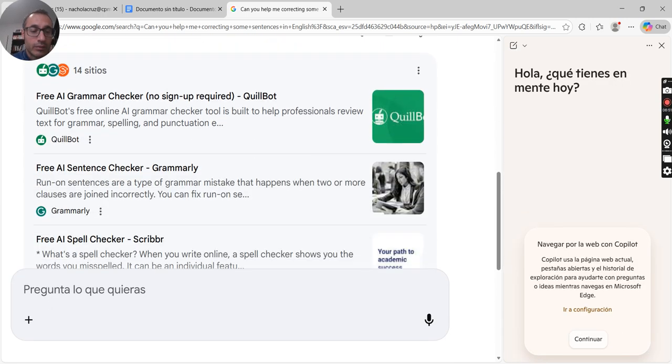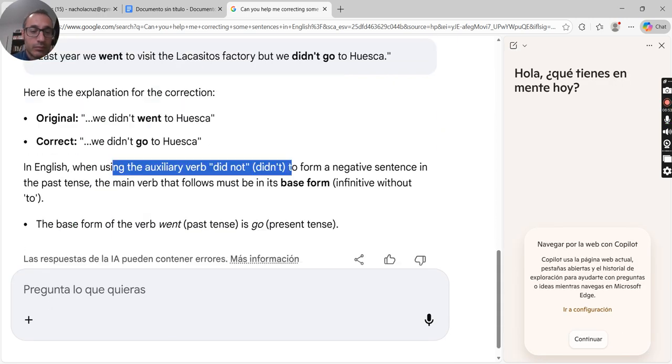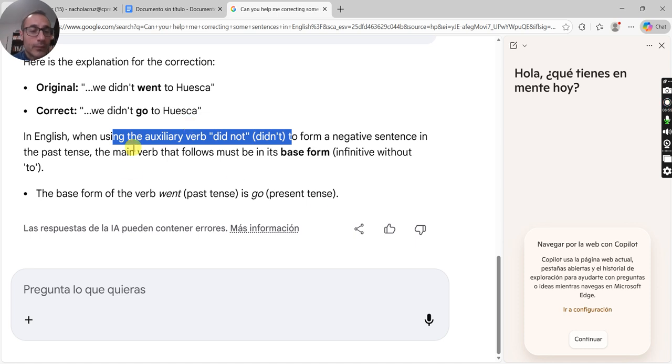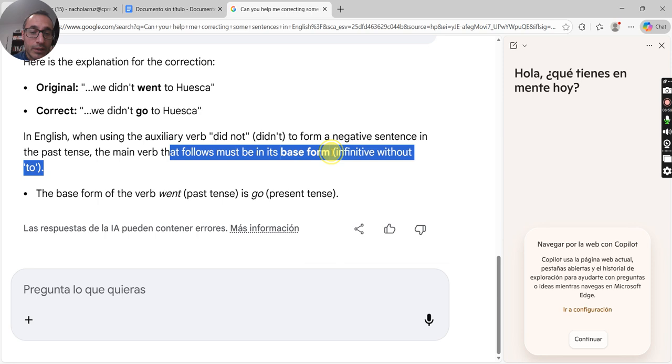Well, there you go. The main verb that follows must be in its base form, infinitive without to. In this case, go. This is maybe a bit more difficult to understand, but it's what I told you. So it's not we didn't went, it's we didn't go.